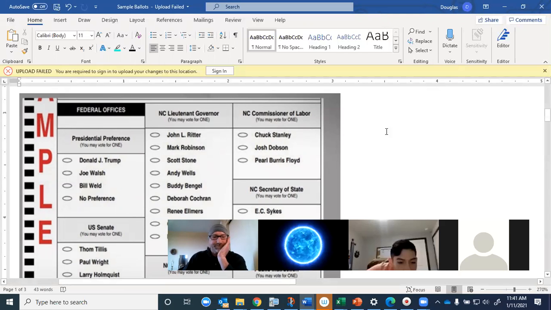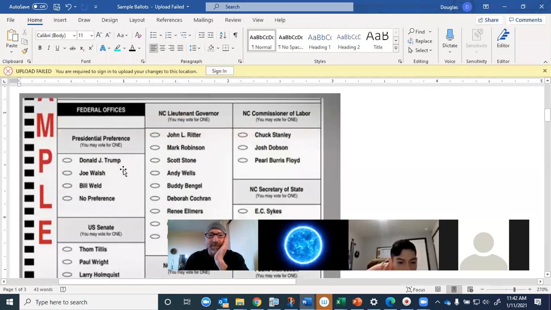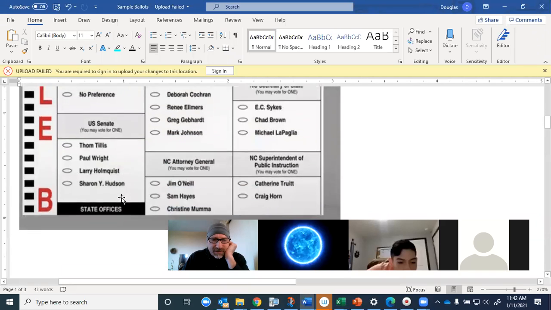I'll show you how. So this is what a regular ballot looks like. This is a primary, I think this is North Carolina, a primary ballot where it was only Republicans, for the U.S. Senate and so on. So this is normal.